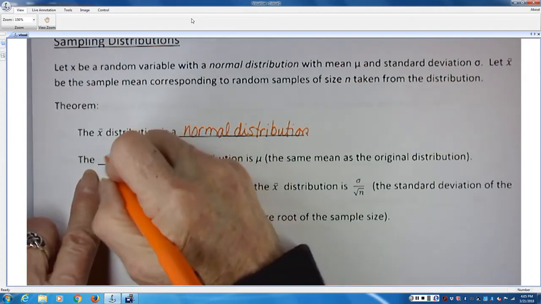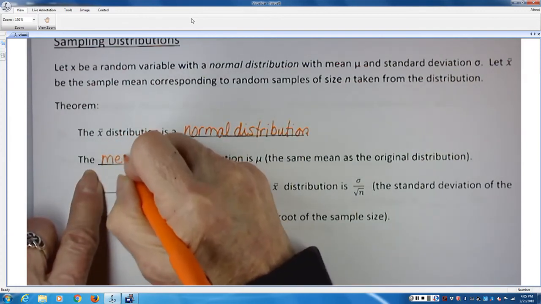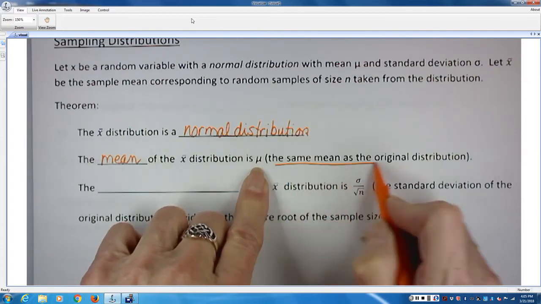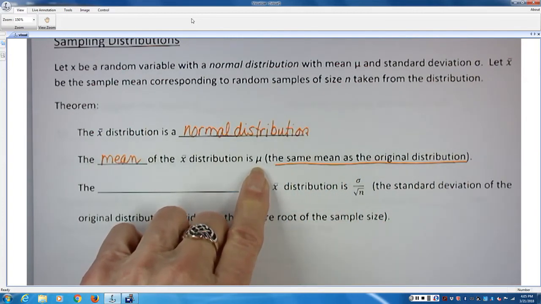The mean of the x bar distribution is mu, which is the same as the original population's mean.